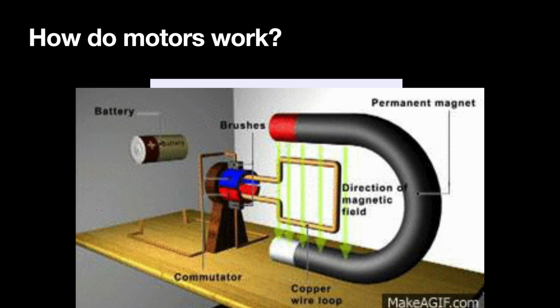As we can see here, we have a battery which we are going to introduce into the circuit, and then the wires present in this magnetic field will begin to rotate. We can see that the magnetic field is from north to south, and when a current carrying wire is present in this magnetic field, it experiences a force, like so.